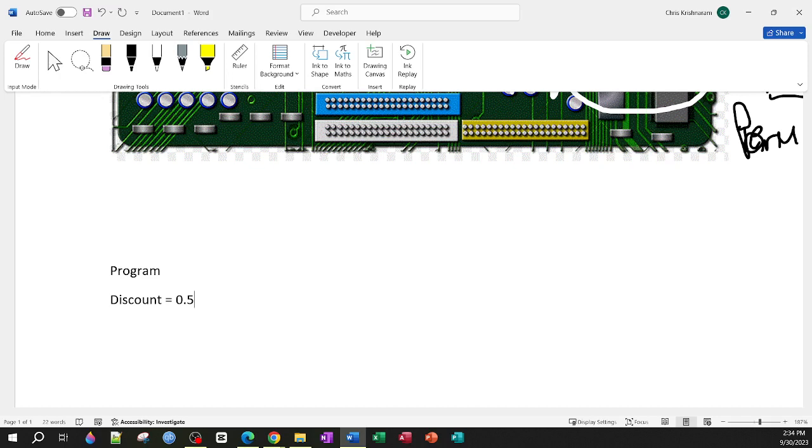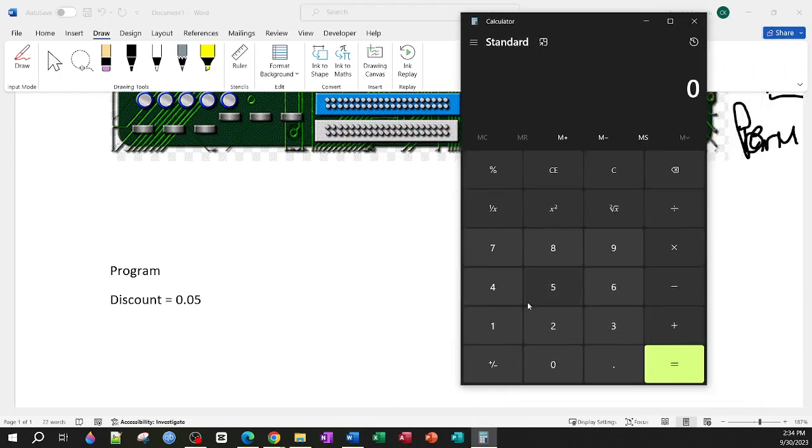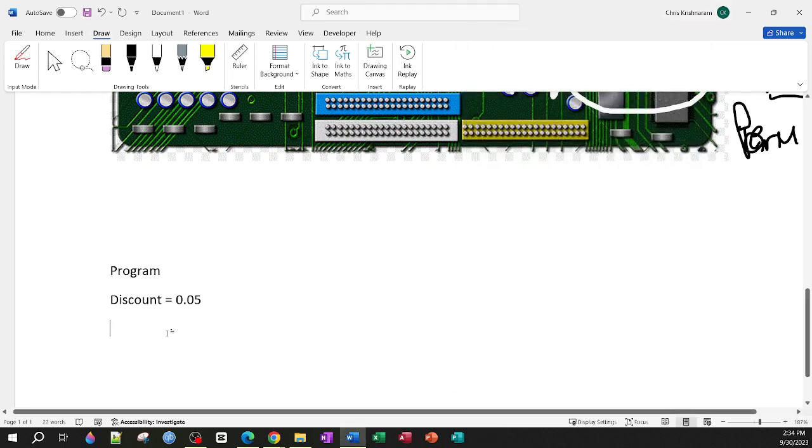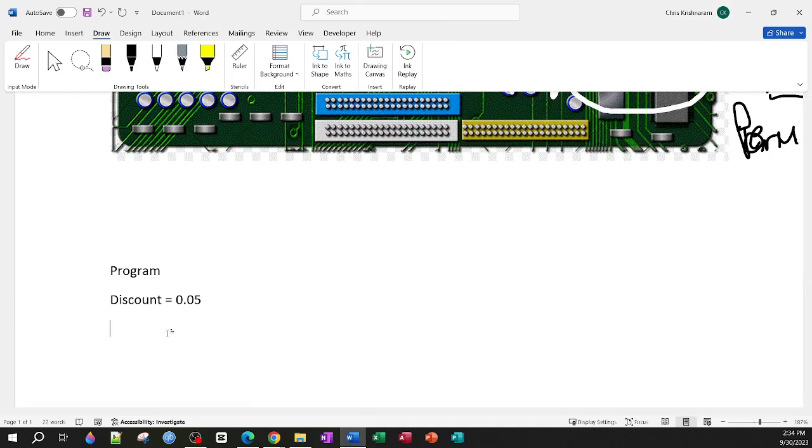We have a discount at a percentage of 5%. Is that 5% or 50%? 0.05. Am I correct? Yeah, 5 divided by 100, 0.05. Good. So we have a discount 0.05. That's 5%.